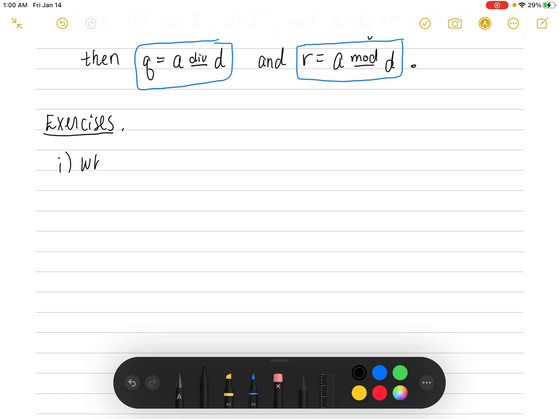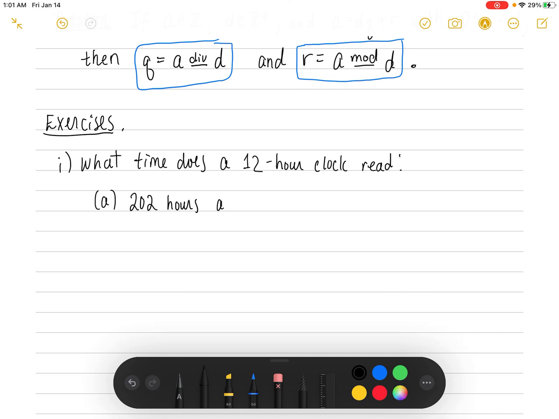What time does a 12-hour clock read, 202 hours after it reads 3 o'clock?